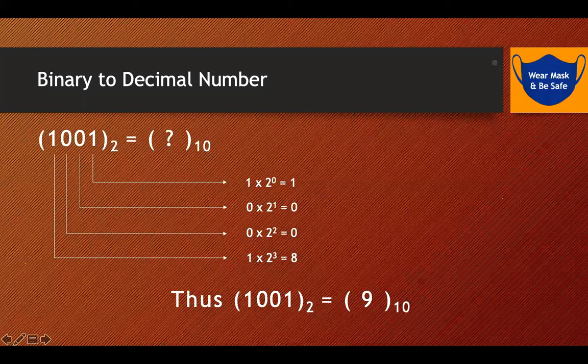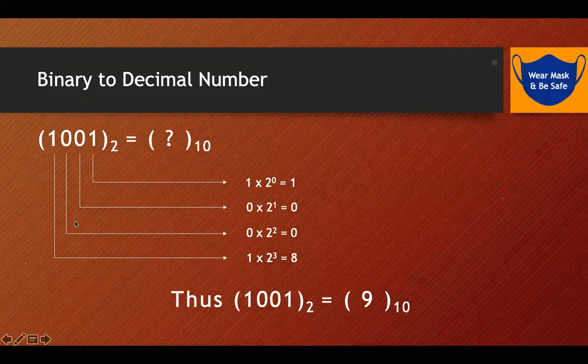Okay, understood everyone? So now you can see we have started from the right side. So 1 into 2 power 0. Then the second number is 0, so I have taken 0 into 2 power 1.